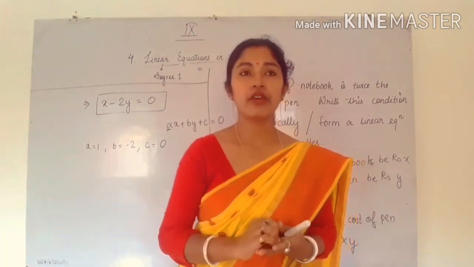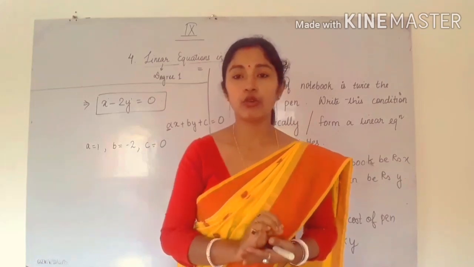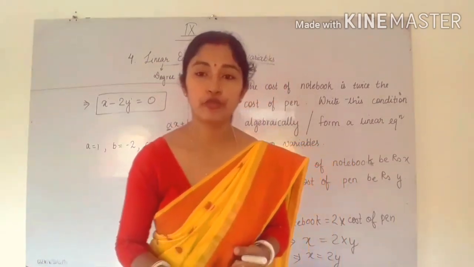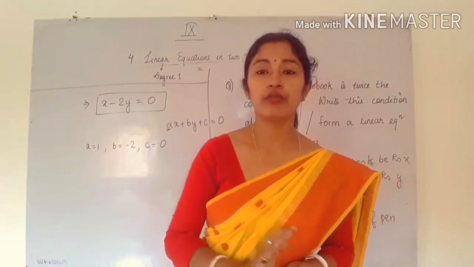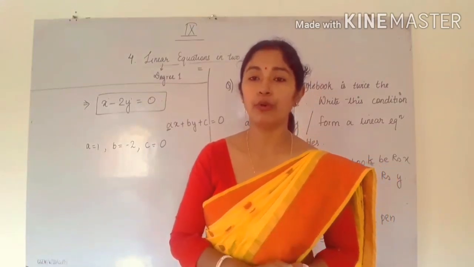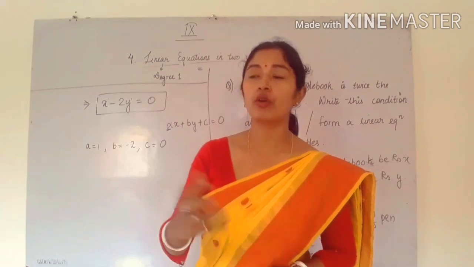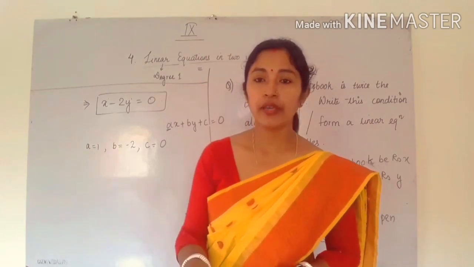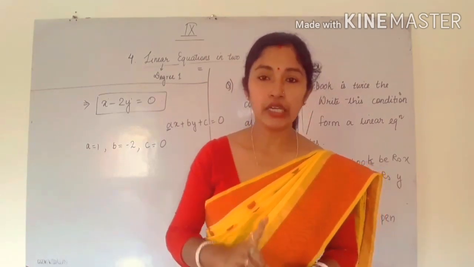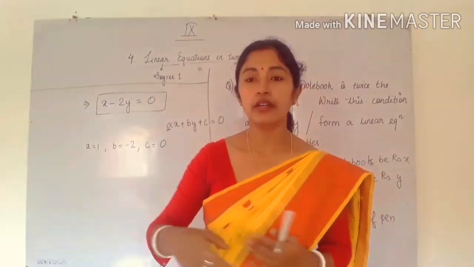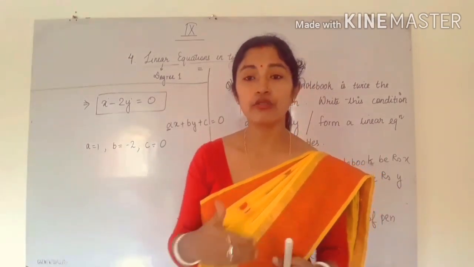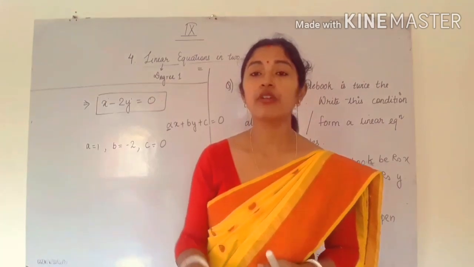Suppose it is given in the question that the cost of pen is rupees 50, then we can easily find the cost of the notebook. But it is not given in the question. If one condition is given, then we can easily find the solution for the other, but it is not given.